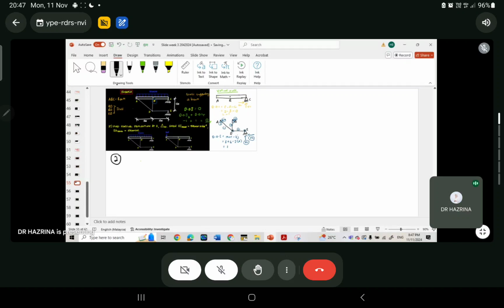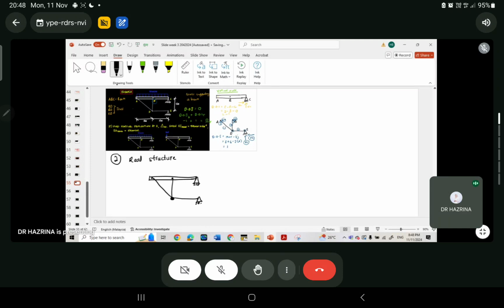You have to draw your real structure. Okay, this is your question, so basically your real structure is similar to the question. You draw it, and you have here and here, like that. And then you have it like this.